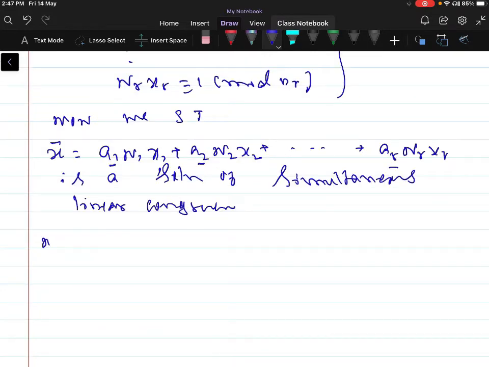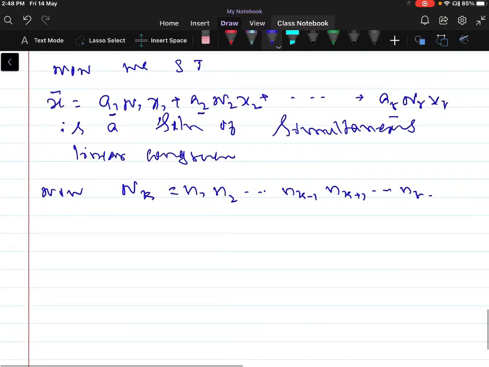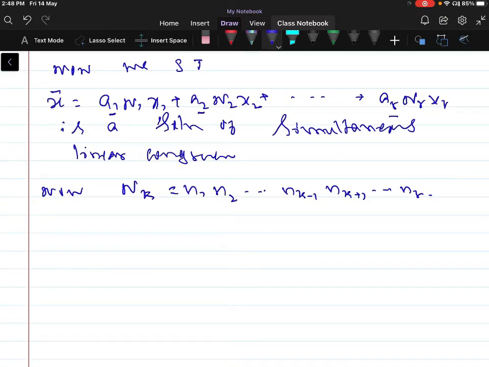So now let us take capital Nk, which is defined as n1 into n2 and so on nk minus 1, next term is nk plus 1 and so on nr. Here you can observe that nk does not divide capital Nk.